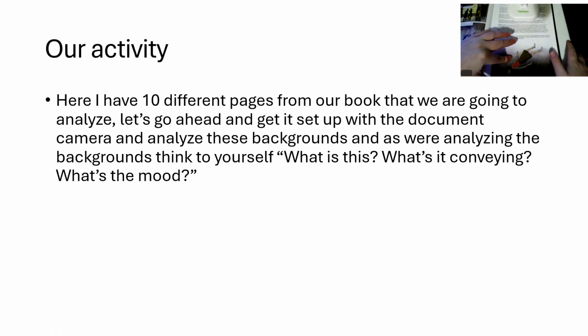So it's gray here, but as we go further down into the abyss, it's black. So what is this? It's Anne falling down to an abyss. It's probably conveying some sort of sadness, not sadness, but a loss of hope. Giving up, and then the mood is hopelessness.